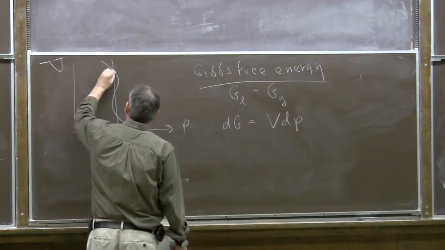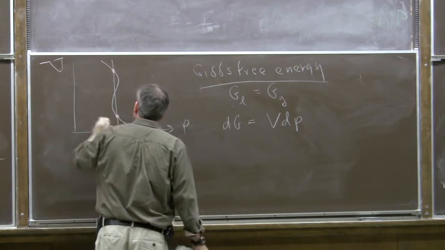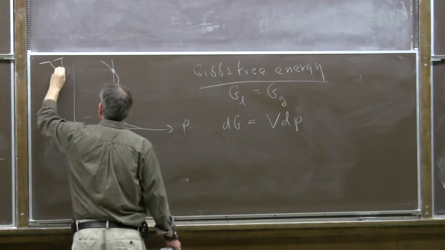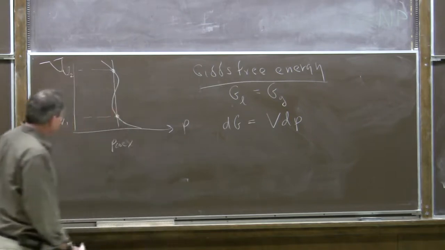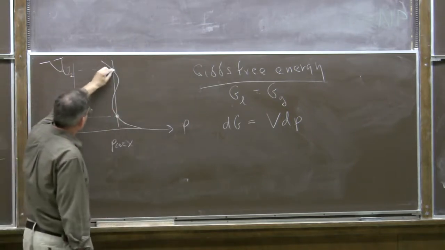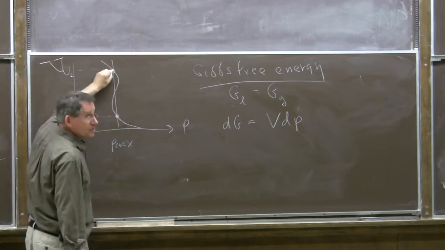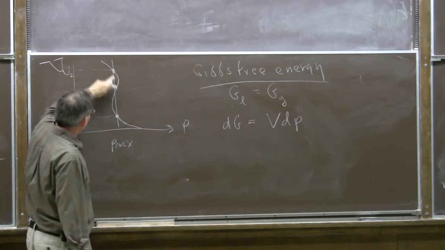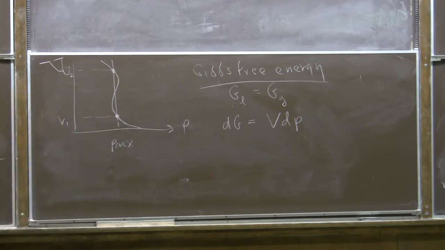So if these two points, the two values of the volume V1 and V2, are the gas and liquid phases which can be in diffusive equilibrium with one another, they must have the same value of the Gibbs free energy.